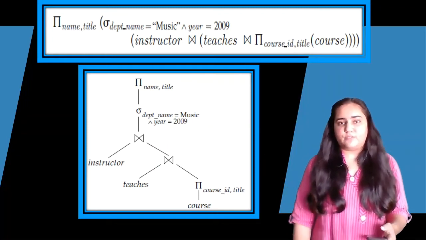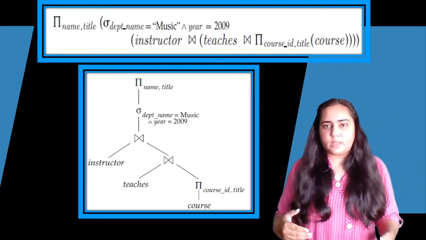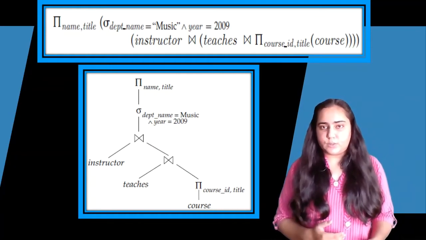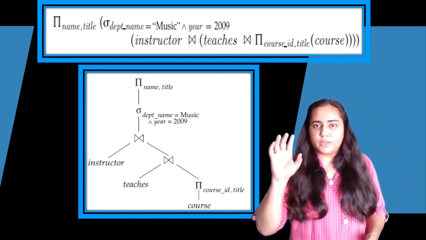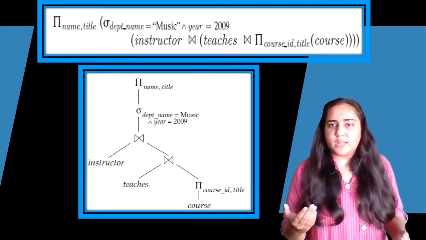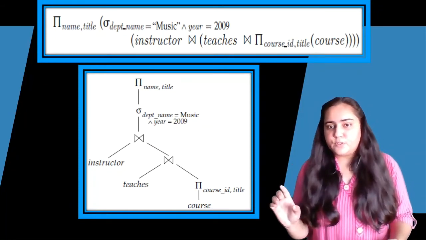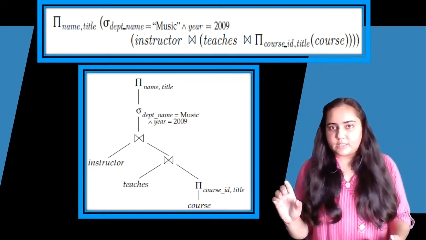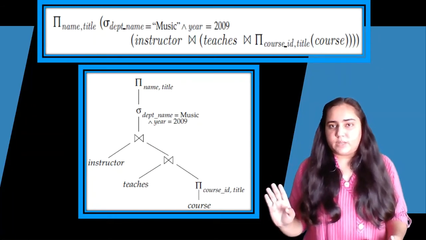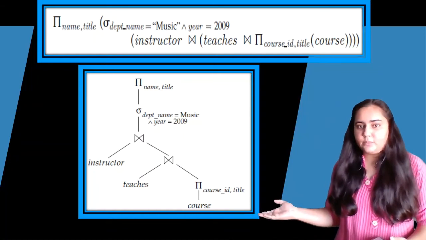So this is that type of a tree. Now you can see that I've converted it into a tree. Now how can I convert it into a tree? So first of all, read your query, and in the query, the first operation being performed is the innermost bracket, and the innermost bracket says pi course ID comma title from course. So that is what I've kept here in my tree.